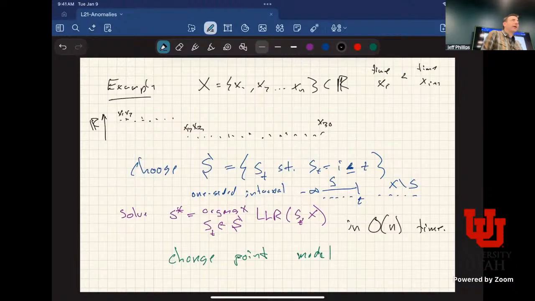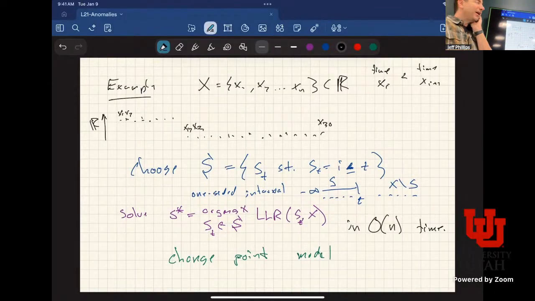I can solve this in linear time by maintaining the log likelihood ratio, my scoring function that I'd like to make large, by fitting a model as I'm streaming through the data. I can maintain the mean of all the points here, and then with that mean, I can maintain the sum of squared variations from that mean.